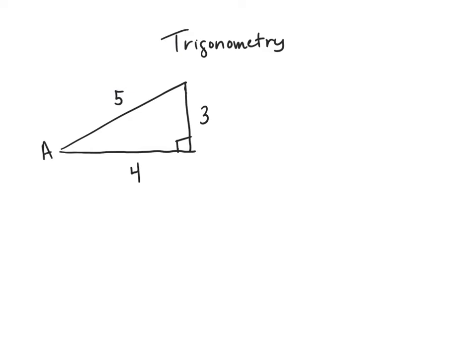But let's put some numbers in here so you can see how this works. So if I ask you for the sine of angle A, remember SOHCAHTOA. Sine is opposite over hypotenuse. So in this case, the sine of A would be 3 over 5.